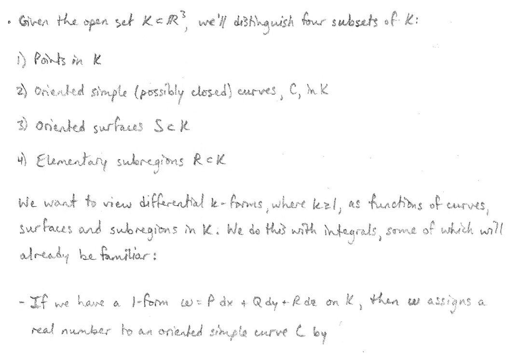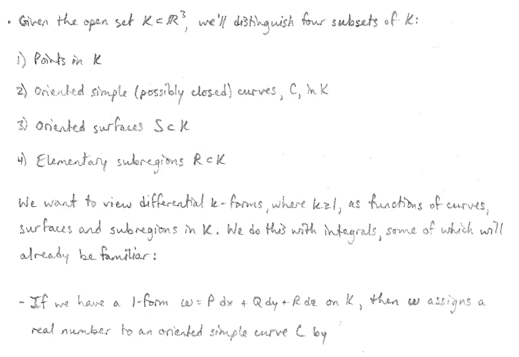Well, if we look at the differential 0 form, which is just a real valued function, f of x, y, z, we can view this differential 0 form as a function of a point, in the sense that if you take some point and plug it into our real valued function, we'll get out some real number.